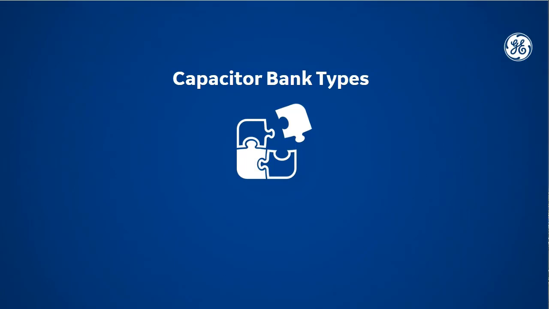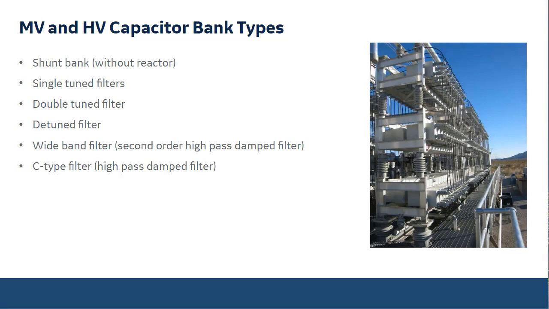First, I have here the list of the possible medium voltage and high voltage capacitor banks. First is the shunt bank, of course, without any reactors, and then you can have a tuned filter, double tuned filter, detuned, wideband, or E-type filter.